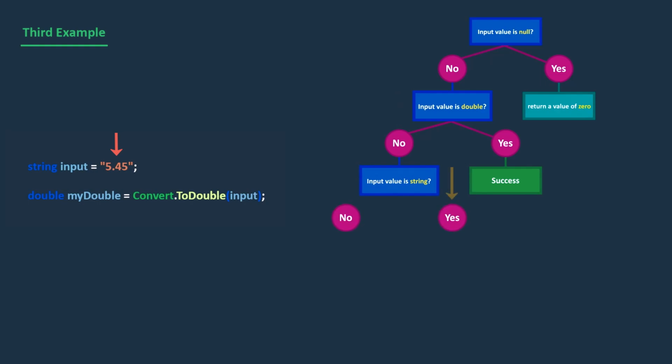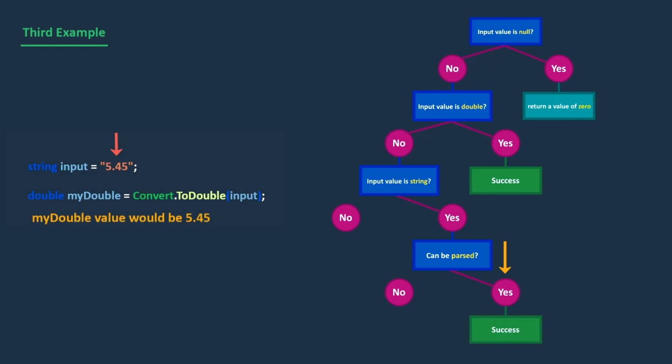Next, if the input value is a string, this method uses the parse method to convert the string into a double type value. As previously mentioned, if the parse method is able to successfully convert the input string into a valid double type value, that value will be returned from this method.